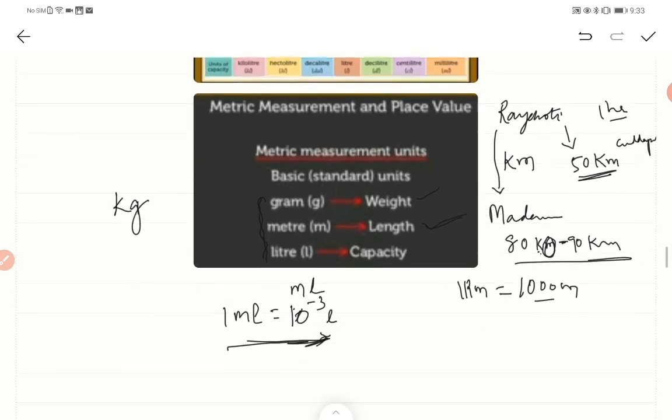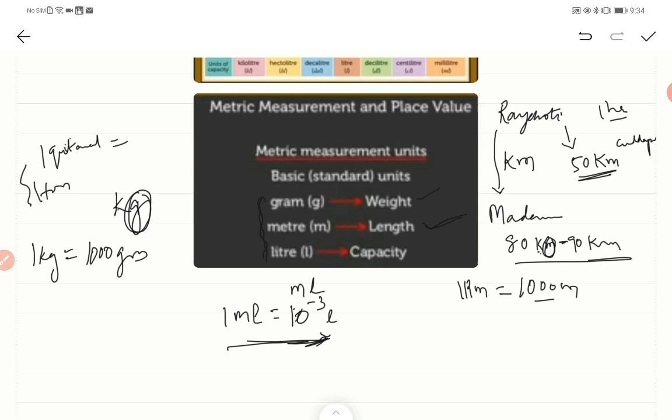All these things you hear in your daily life. Gram is a basic unit, and kilo is 1,000, so 1 kilo is nothing but 1,000 grams. 1 ton, then 1 quintal of rice, you say, right?